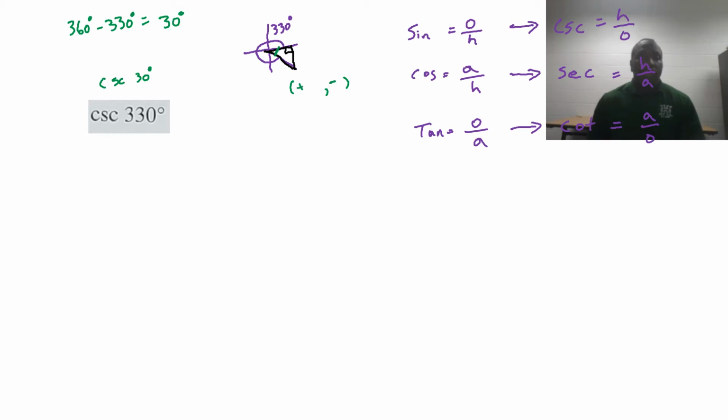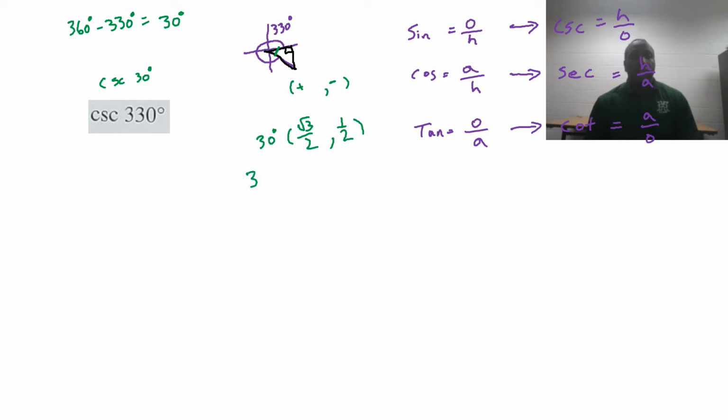So if I know that 30 degrees would normally have, let's see, 0, 30, 45, 60, 90. So if I know that 30 degrees would normally have a 3 first and then a 1, I'll put radical 3 over 2 and 1 over 2. So 30 degrees would be radical 3 over 2 and 1/2.